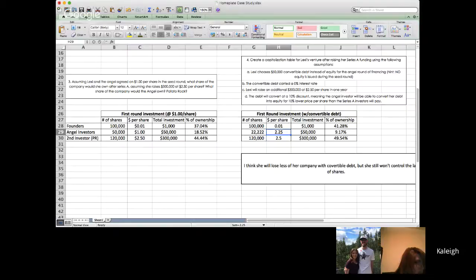So for here, it's 10% off of this, right? For the discount rate? Yeah. So I just multiplied 2.5 times 0.9, because then that gives you your 10% off. And that's $2.25. And then to get the number of shares, you just divide 50,000 by $2.25.